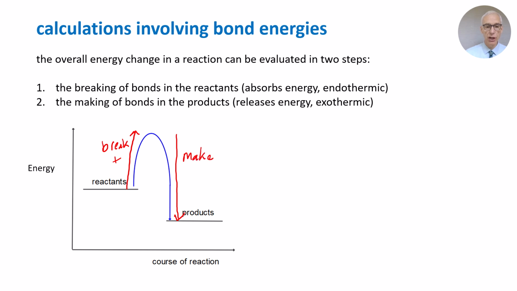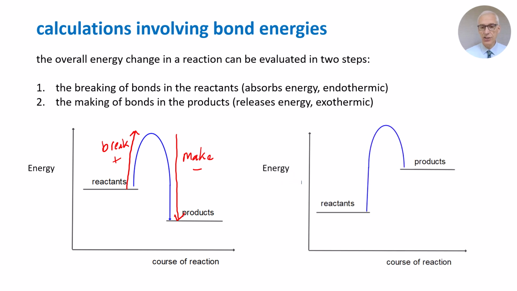So for an exothermic, we're going to break positive energy values, and we're going to make negative exothermic energy values. Exactly the same profile for an endothermic. The fact that it's endothermic does not change the fact that we are going to break all the bonds in the reactants and then make all the bonds in the products.